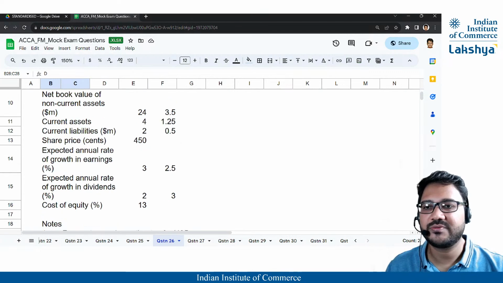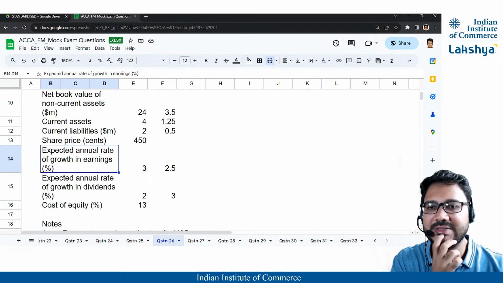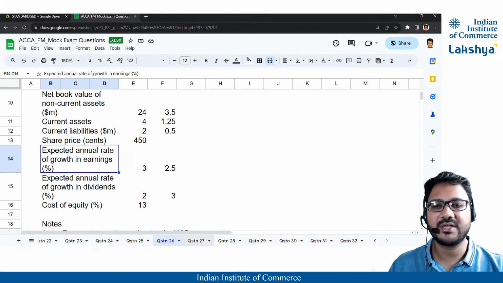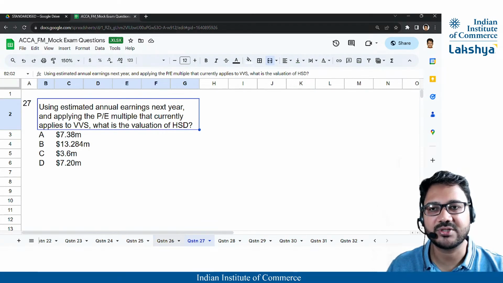Number of shares, expected annual percentage of growth in earnings. Next year is 3 and 2.5. This is HSD, and we are asked to value it.